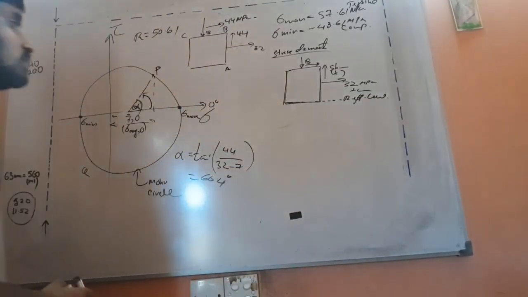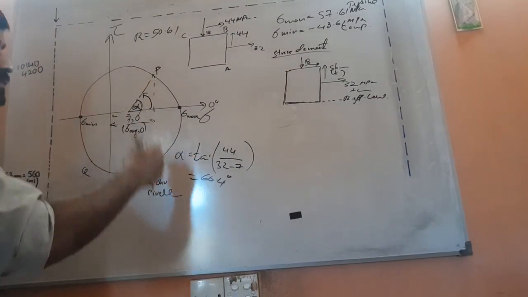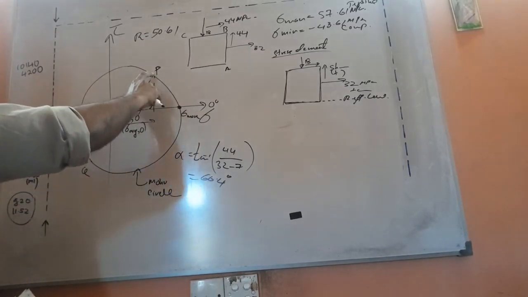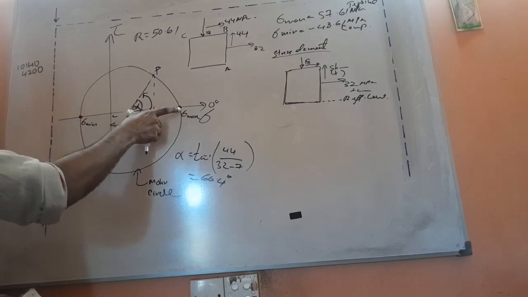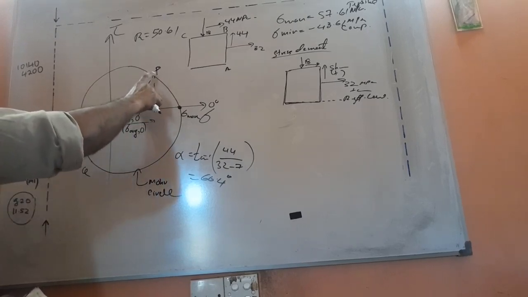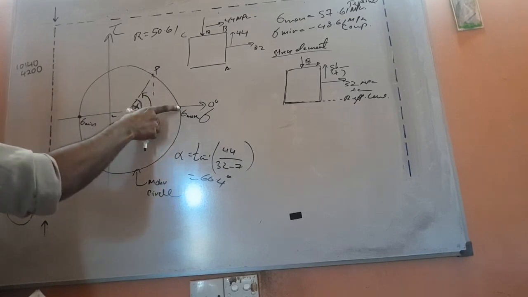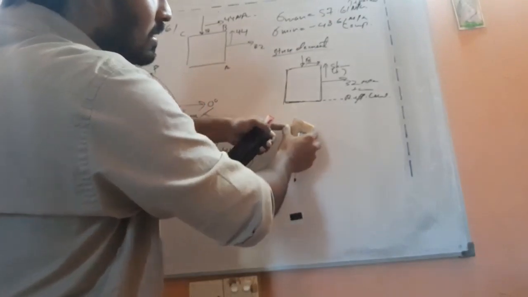Okay. So now if you want to find the first principal stress, that means the maximum principal stress, you need to move this point P up to the 0 degree level by rotating this point P by alpha degrees downwards. That means rotating this element alpha degrees downwards.